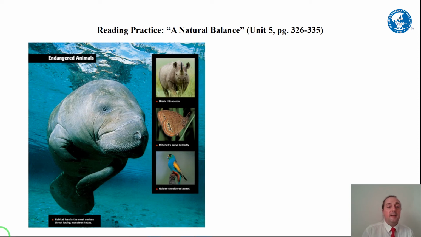And now we have an image of some endangered animals. Okay, a black rhinoceros, a Mitchell's satyr butterfly, and a golden-shouldered parrot.